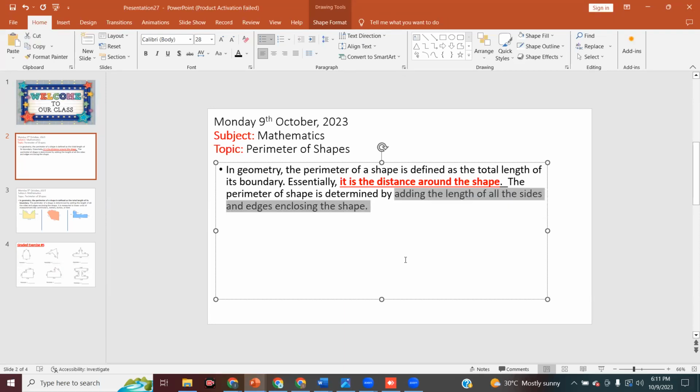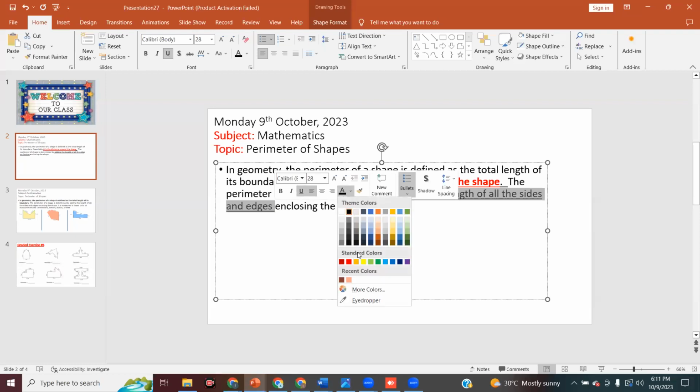So we could find the perimeter by adding the length of the sides and the edges.